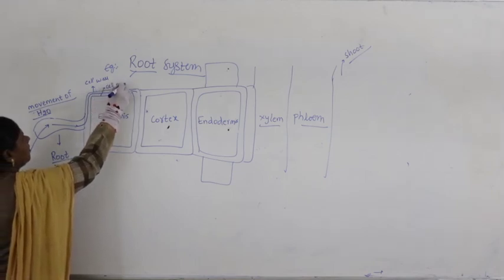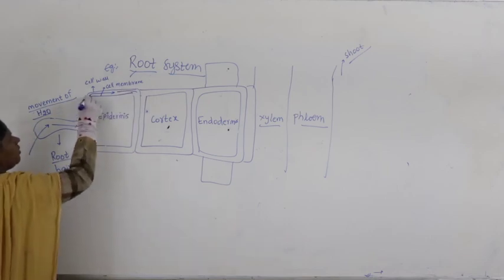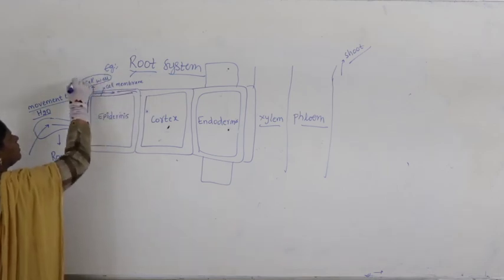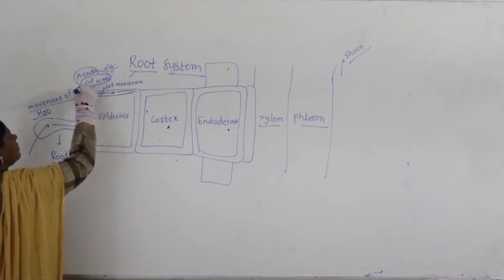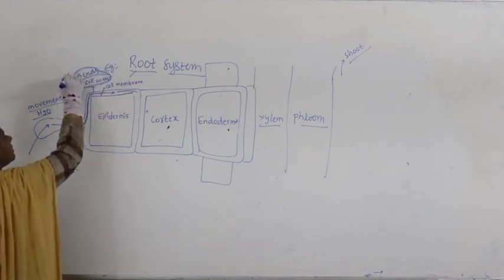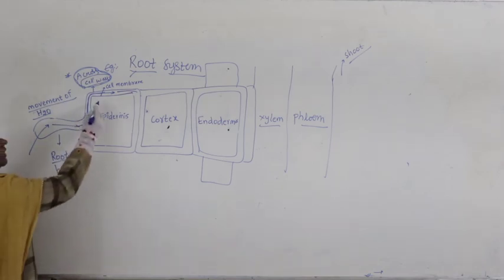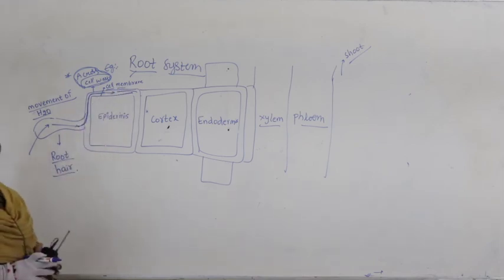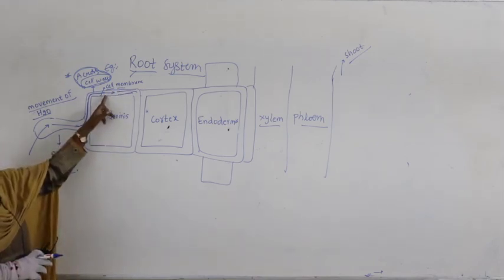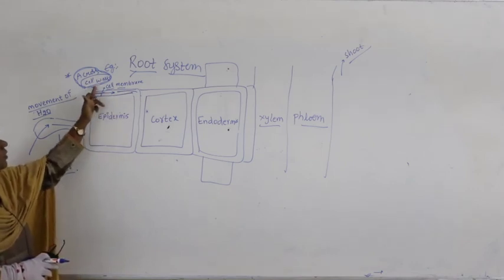It is moving across the cell walls and not crossing the cell membrane. Is it crossing the cell membrane here? No. As it is not crossing the cell membrane, the movement is happening across the cells.